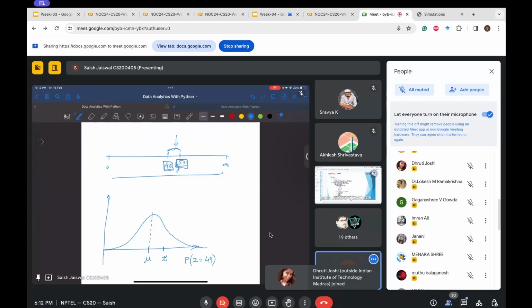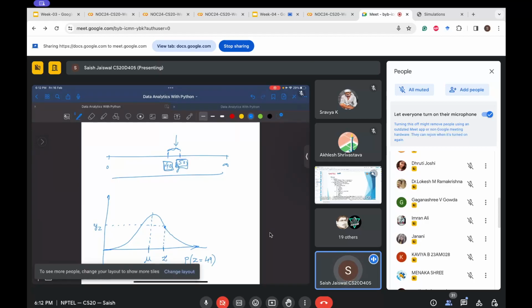Anyone? Will the probability of z equal to 49 be yz? That is the question.